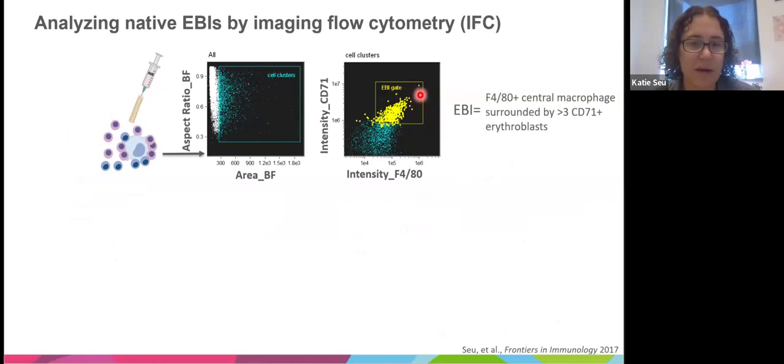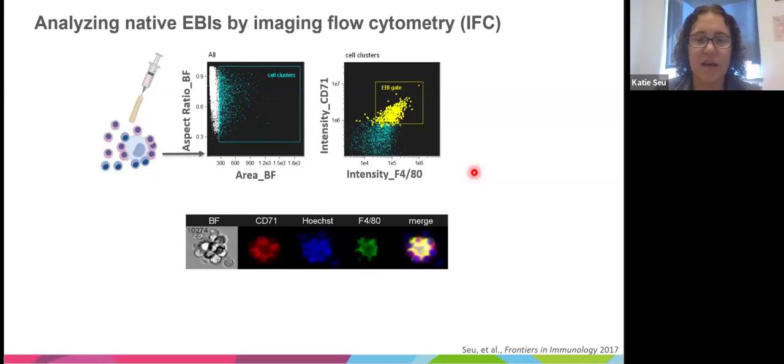So after optimizing the collection of intact EBIs from the bone marrow and doing otherwise a similar approach of looking at the cell clusters and then at the events that were double positive for both an erythroid marker and a macrophage marker, we then, within this gate, could actually look at the images and interrogate them for what really was the main defining characteristic of an erythroblastic island macrophage, which was that it had CD71 positive erythroblasts surrounding it.